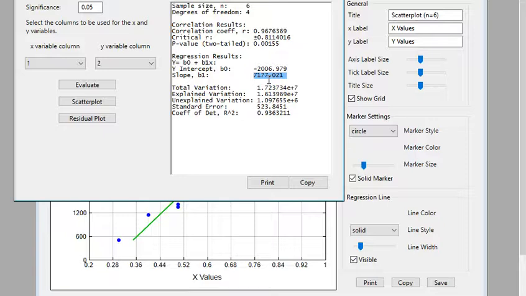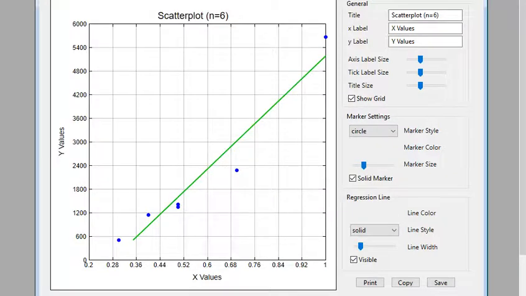Of course, there's a huge negative value for the y-intercept. So once you get to the first carat, it's going to be around $5,000.